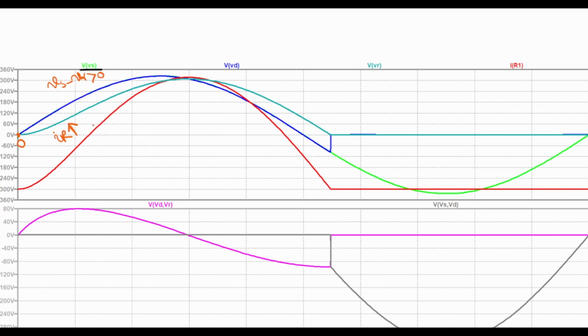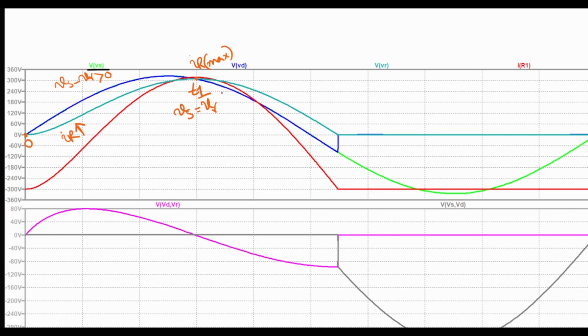And this is indeed the case here from this red curve which you can see. So this trend continues till the point arrives at T1 where the voltage Vs is equal to Vr, and thus the current IR has a maximum here.